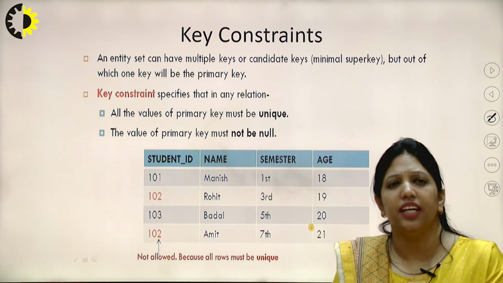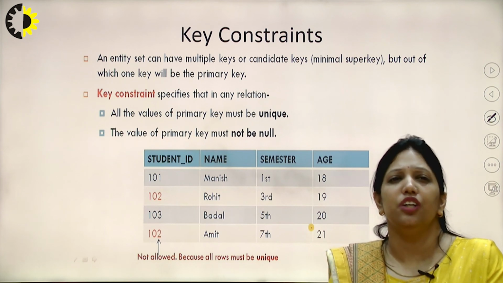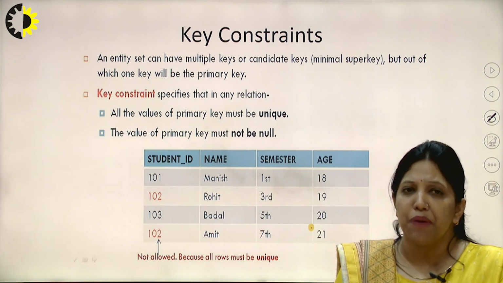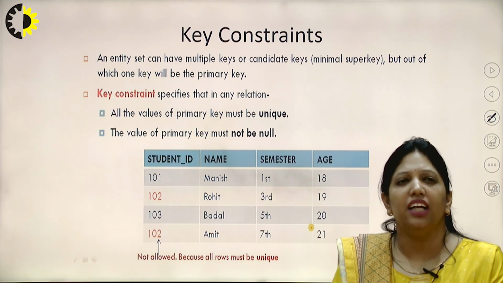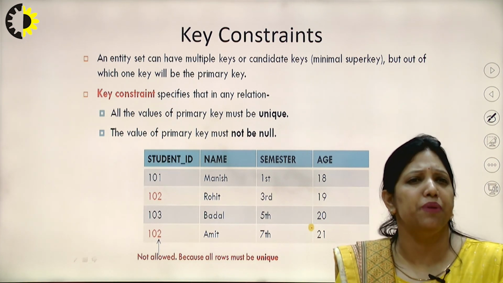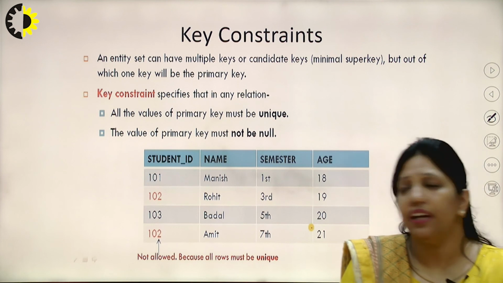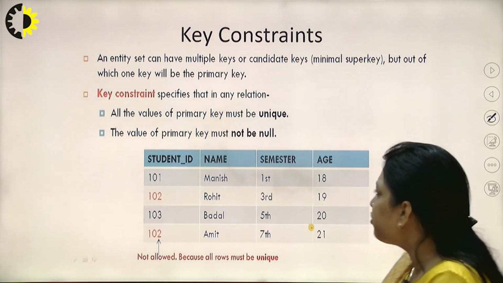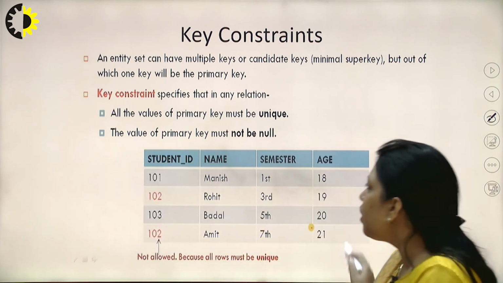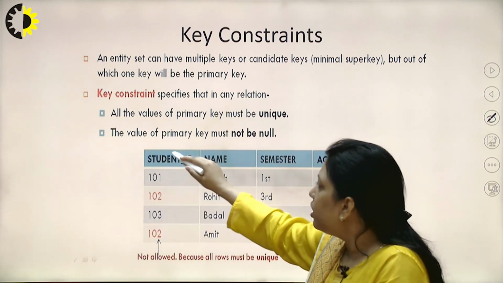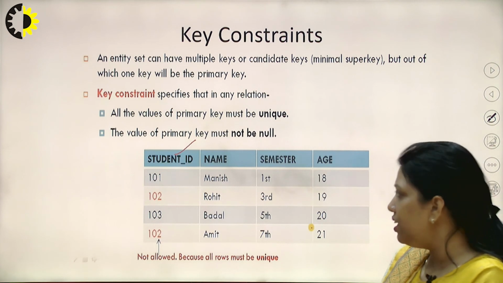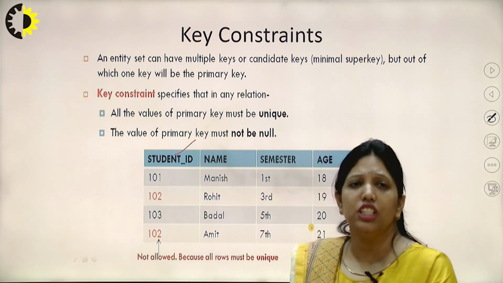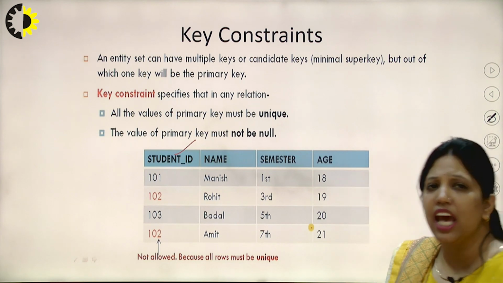So if we apply any key constraint on any relation, then we have to keep in mind that all the values of the primary key must be unique, and the values of the primary key must not be null. In a relation, we have only one key as the primary key. Here the student ID is a primary key, and the primary key must always be unique.